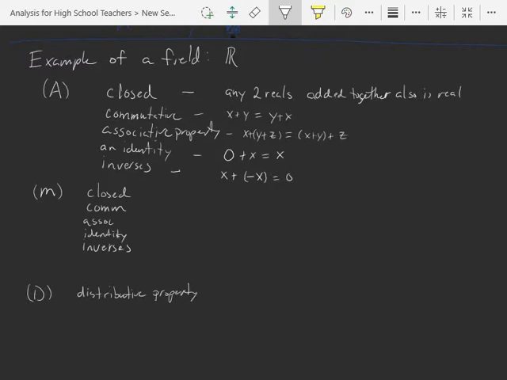Multiplicative, we've got closed. Any two reals multiplied together is real again. Commutative, x times y equals y times x. Associative, x times y times z. If I do y and z first, that's the same thing as doing x and y first.